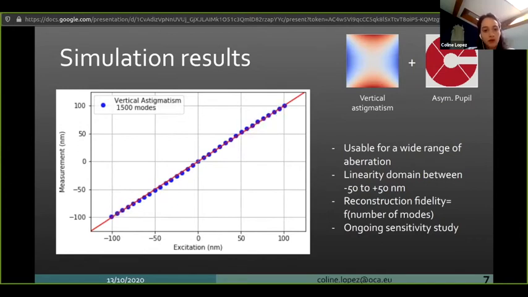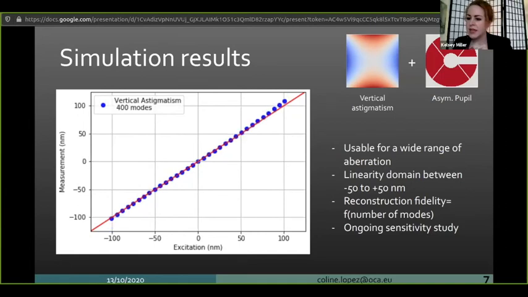We get approximately the same result, with sometimes a bit more or less signal depending on whether the pupil is more masked or not. But we find the same thing for other pupil configurations.